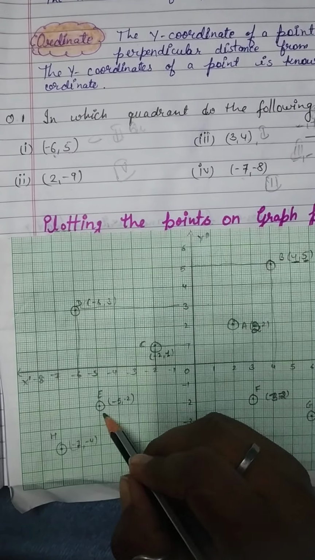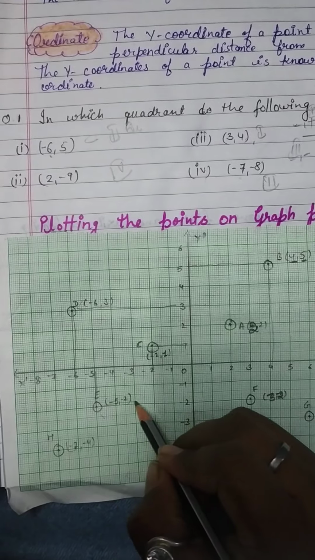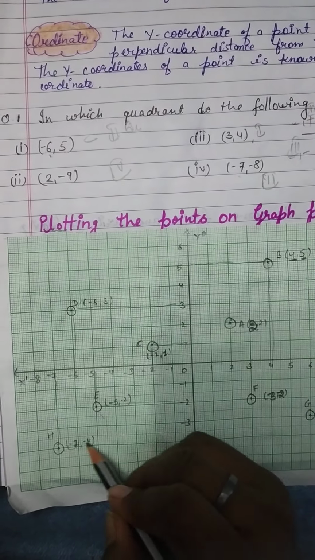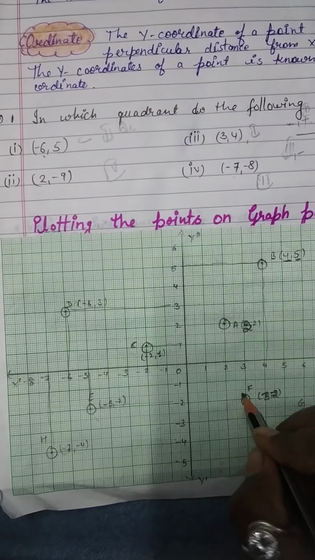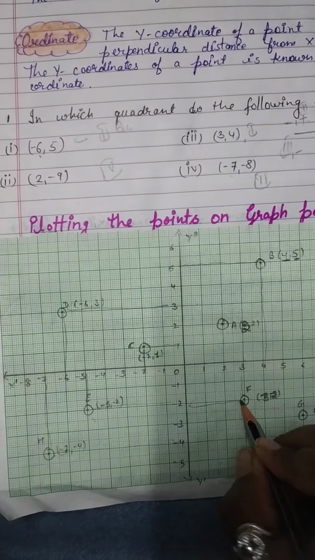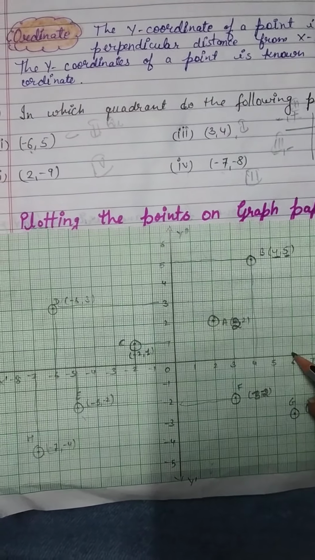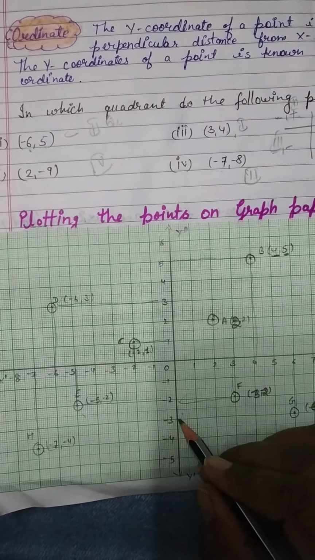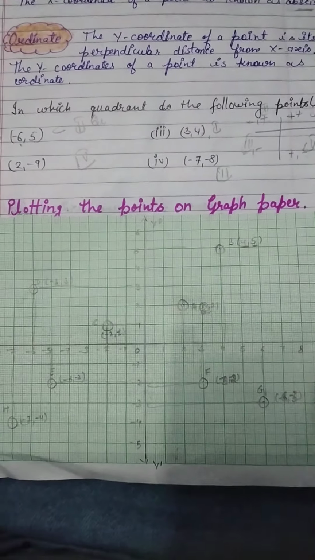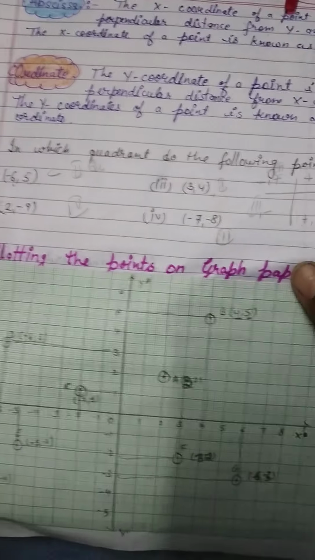E is (−5, −2). H is (−7, −4). F is (3, −2). And G is (6, −3). These are the plottings of points on the graph.